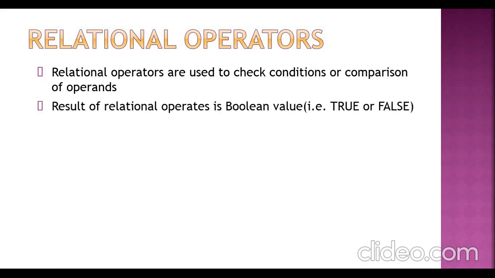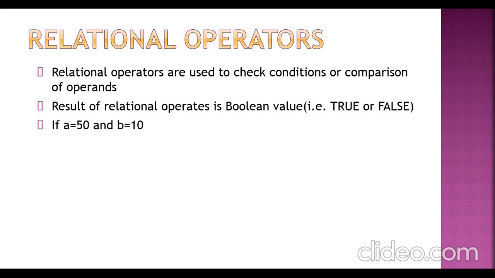The result of relational operators is a Boolean value, that is true or false. So relational operators are basically used for comparison, and whenever we are comparing expressions, we are going to return the value either as true or as false.